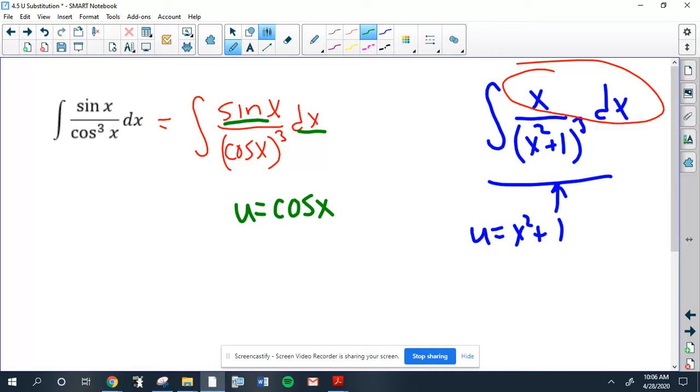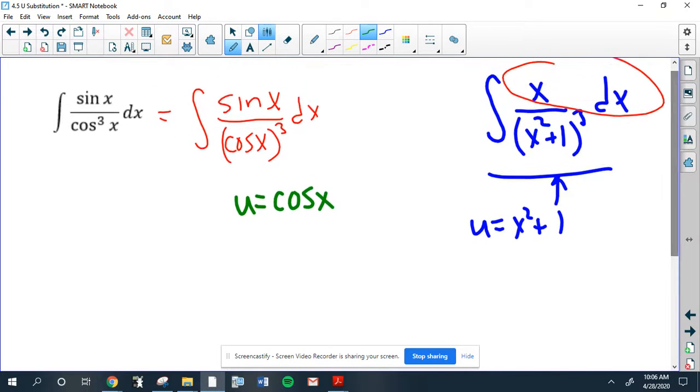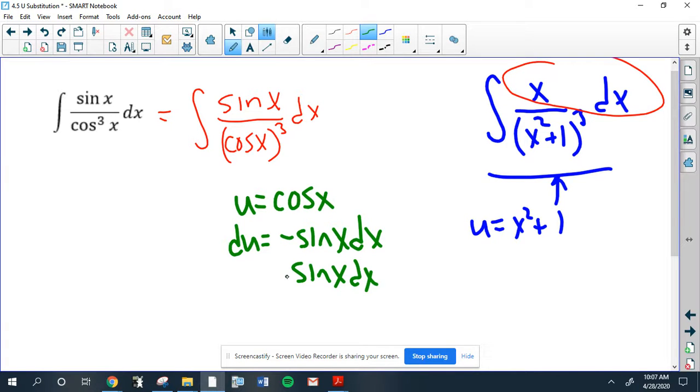So I'm going to go with it. u is cosine of x. du is the derivative of cosine, which is negative sine of x, times dx, meaning sine x dx is exactly equal to negative du.